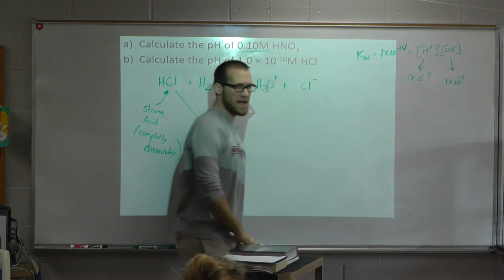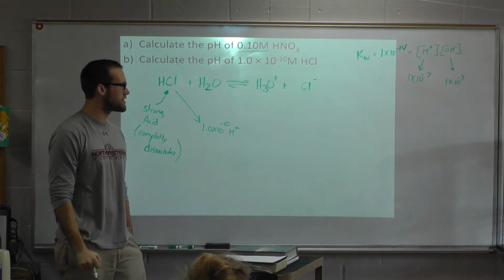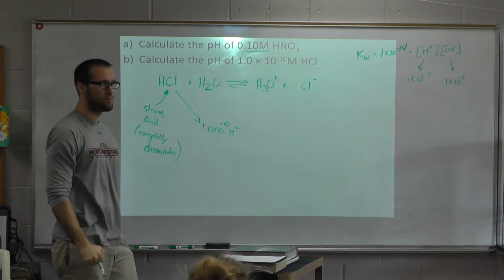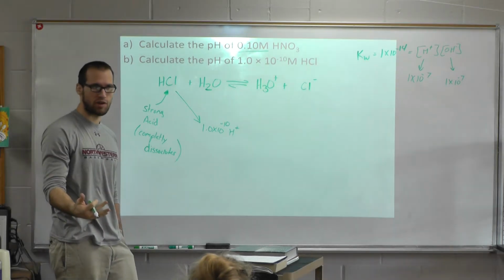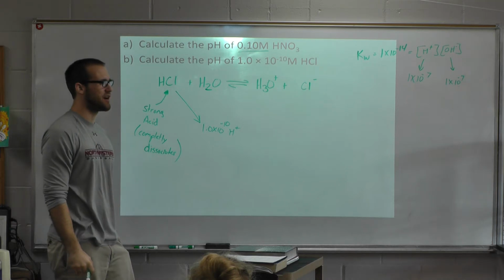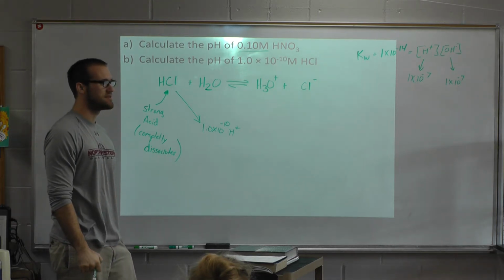So just water reacting with itself at equilibrium gives off a lot more hydrogen ions than this will, because there was so little of it that was put into water. So technically, the pH is not 10, it's actually 7.